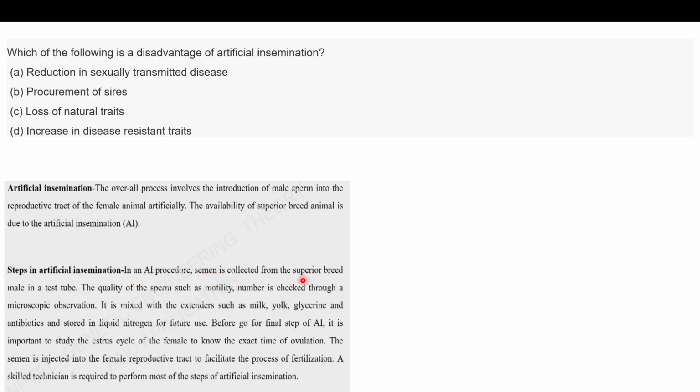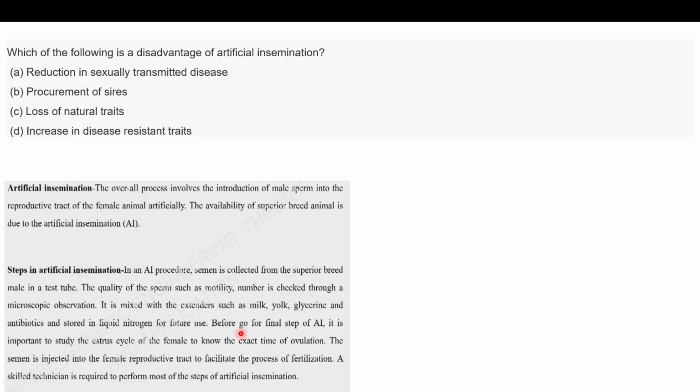The semen is collected from the superior breed male in a test tube, and the quality of the sperm, like motility and the number of sperms in that sample, is checked under a microscope. Then it is mixed with extenders like milk, yolk, glycerine, and antibiotics, and stored in liquid nitrogen for future use.